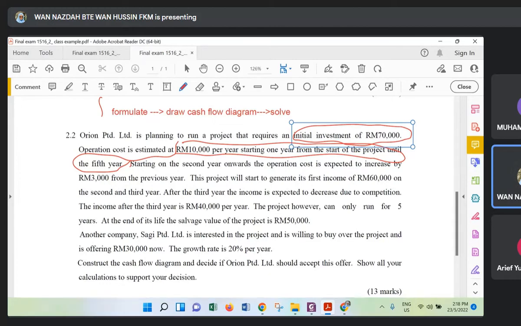For G, you have the operation cost at 10,000 per year, right? And G is 3,000 per year, right? Am I correct?